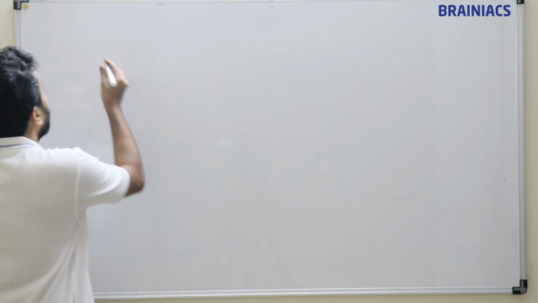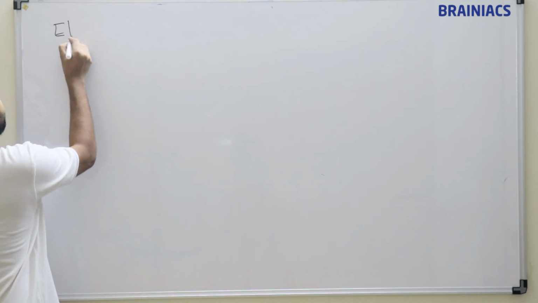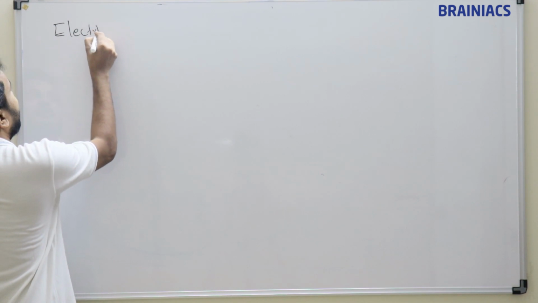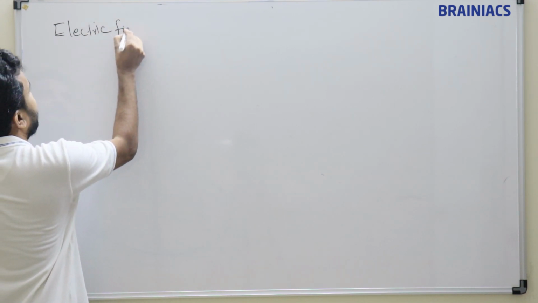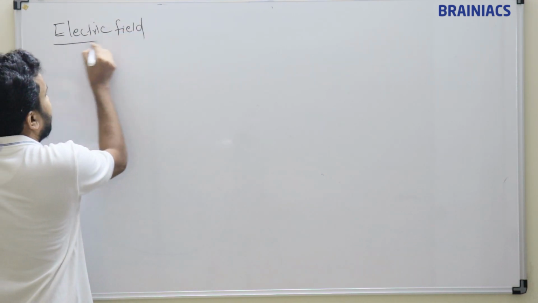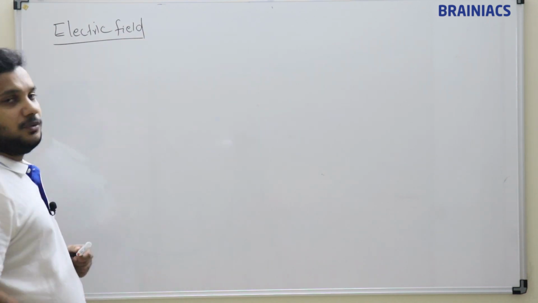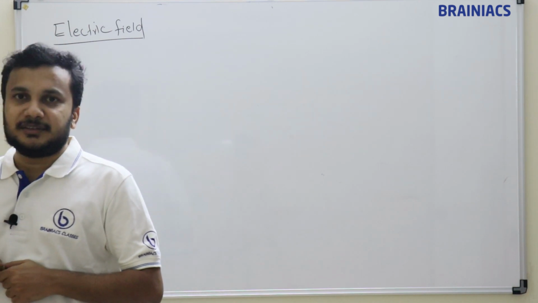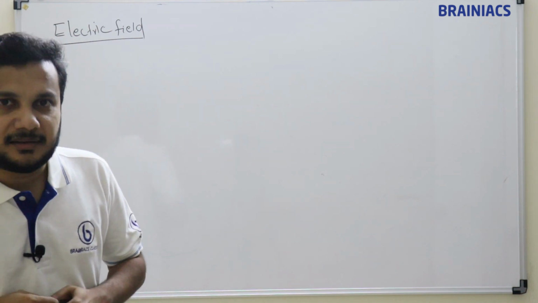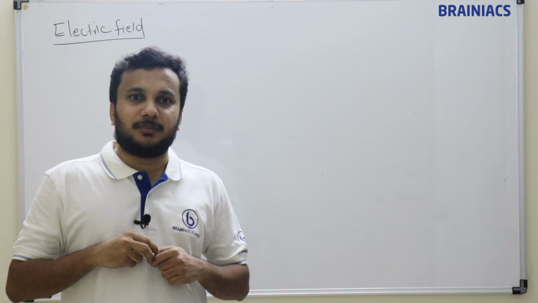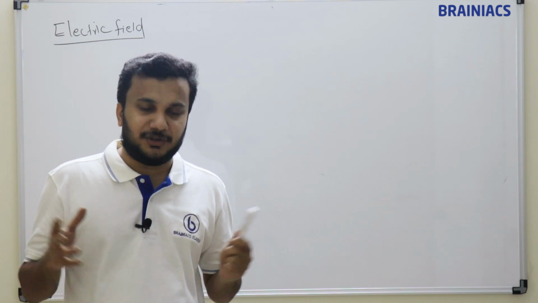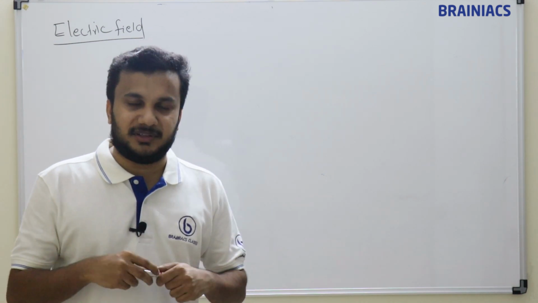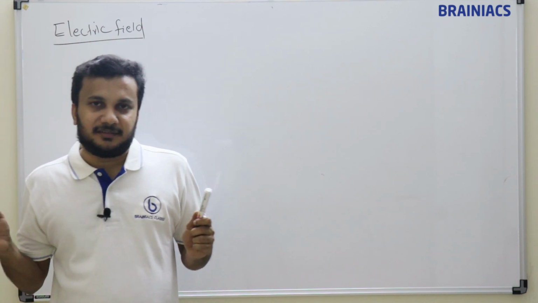So write the heading: electric field. What is meant by electric field? What is actually meant by field? Field is nothing but an area. Normally we know that in a cricket ground a field will be there, outside the gallery.